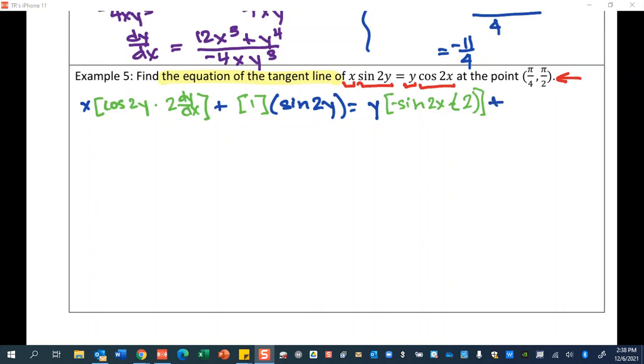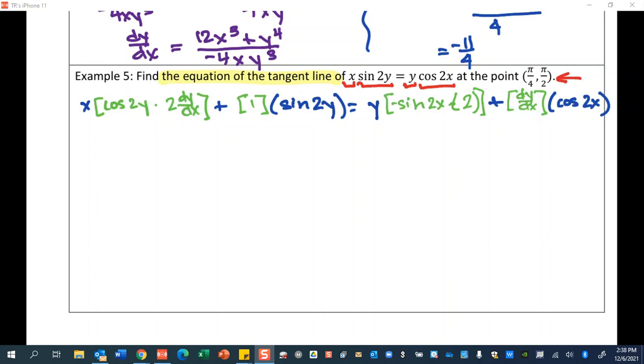Plus the derivative of my first, which is dy dx, times my second, which is the cosine of 2x.